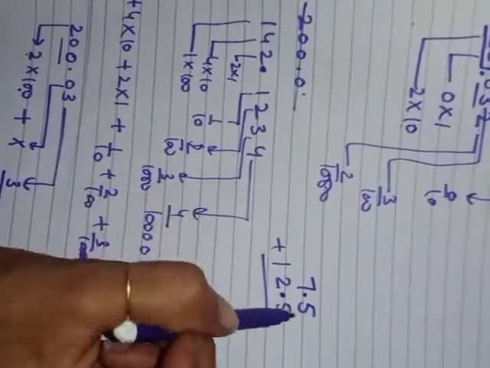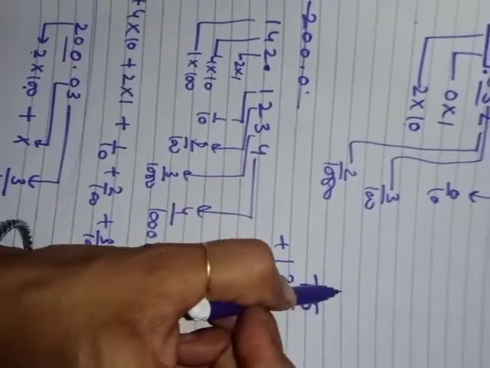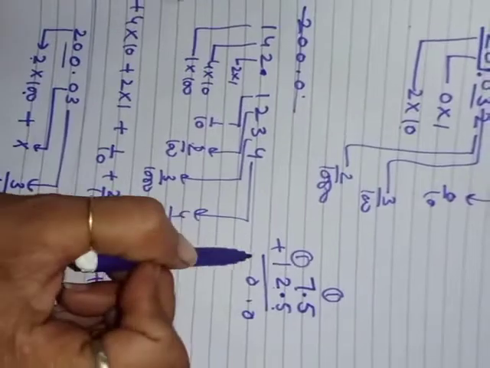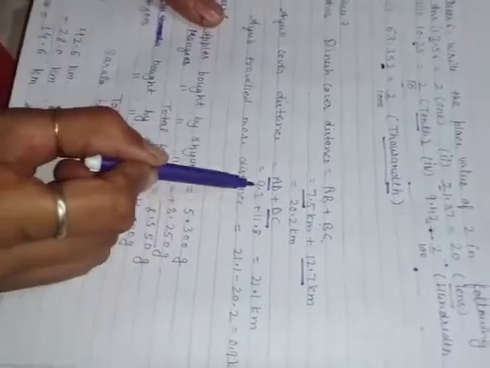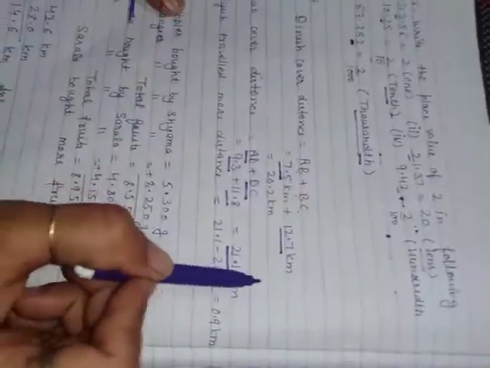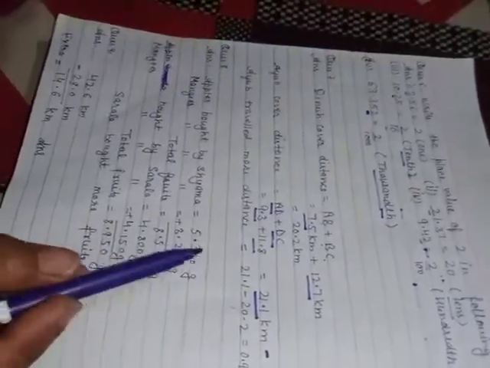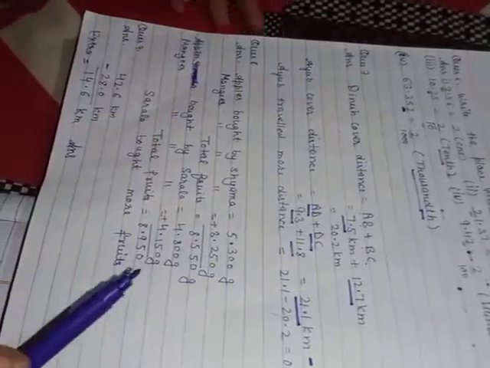Now add these: 5 plus 5 is 10, carry will be 1, 8 plus 2 is 10, carry will be 1 and 2, that is 20. Then Ayub covers the distance AD to DC, then add these two also, then this one is 21.5, that is greater than this one, so he will cover a more distance. Clear? Then same pattern you will follow in the next sum also.